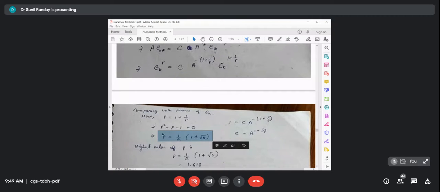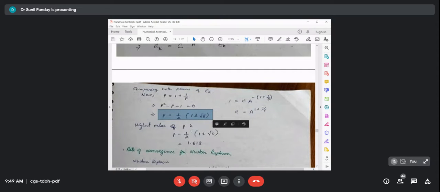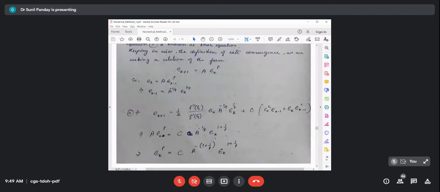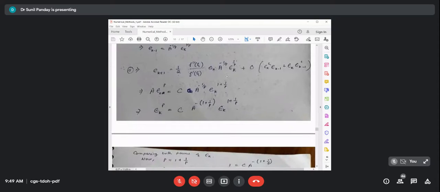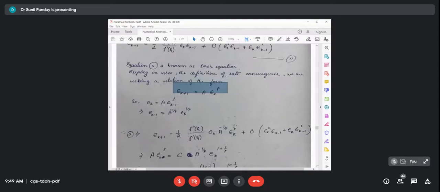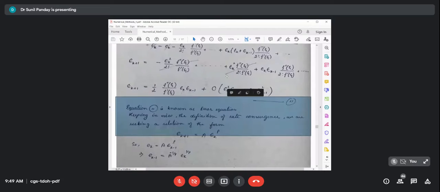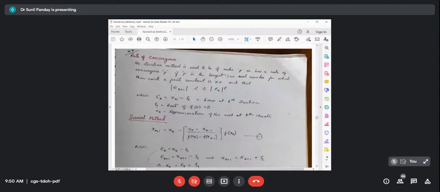So we can get p from this equation, and we take the plus sign, and we will get this. So the order of the secant method is 1.618. This is called the order of error of the secant method. So here we have obtained the value of p, and we can write epsilon k plus 1 equals a into epsilon k raised to power 1.6 something. This is the error equation we got from the secant method.